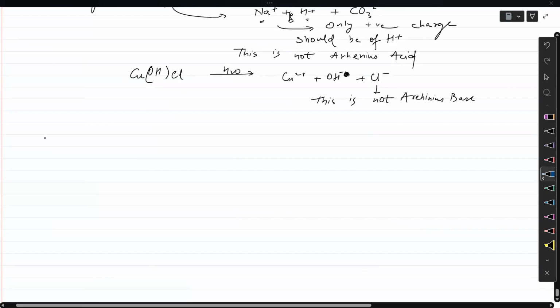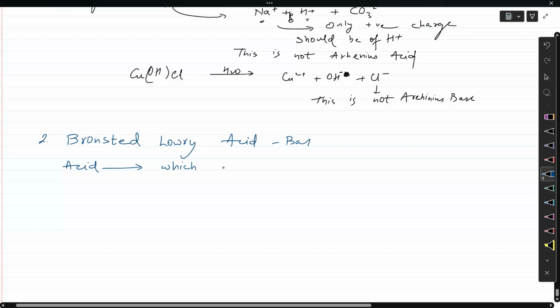Now the other one was Bronsted-Lowry. There are two scientists, Bronsted and Lowry, and they have their own concept of acid and base. According to them, acids are those which give H plus, and bases are those which have the ability to accept H plus.